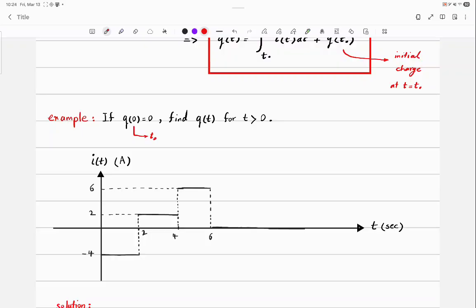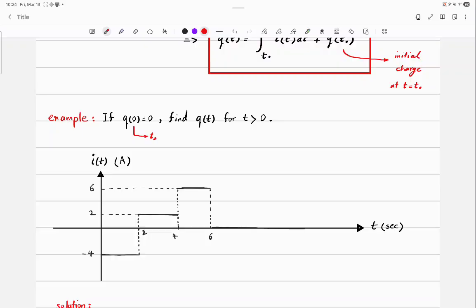Q of t is equal to integral from 4 to t of i(t') dt' plus q of 4. What's the value of the function between 4 and 6? 6.